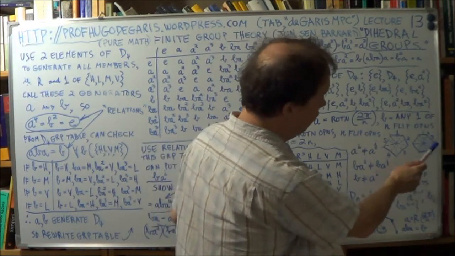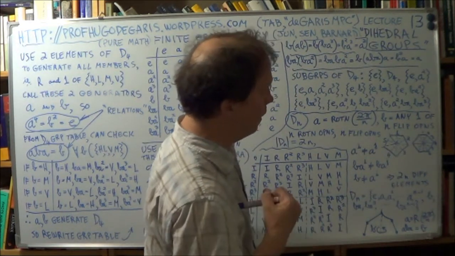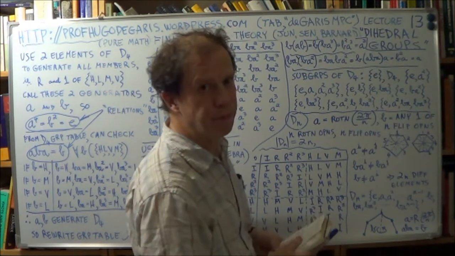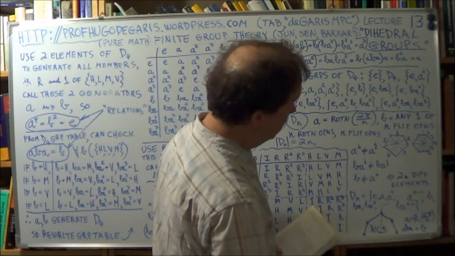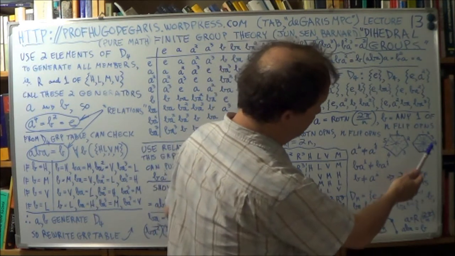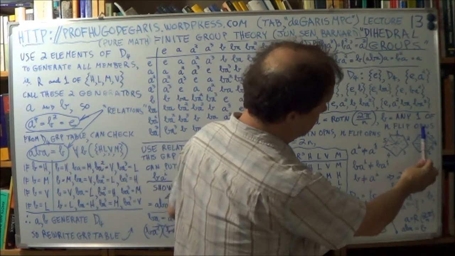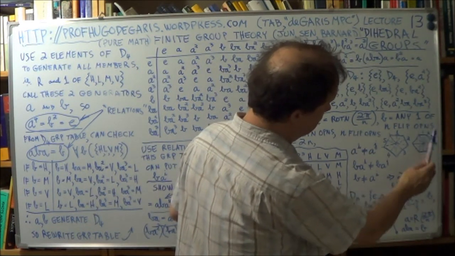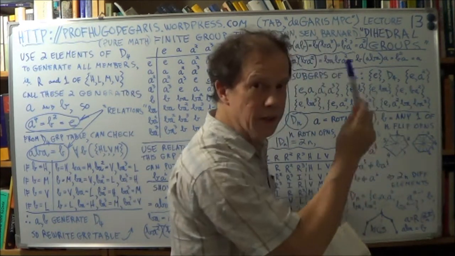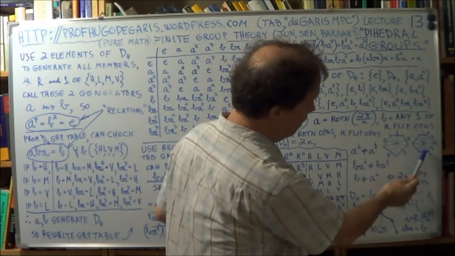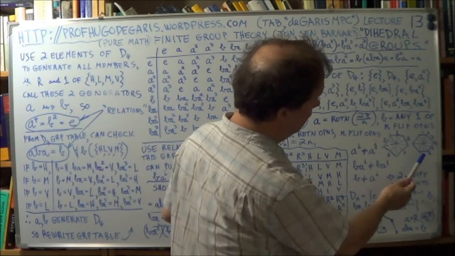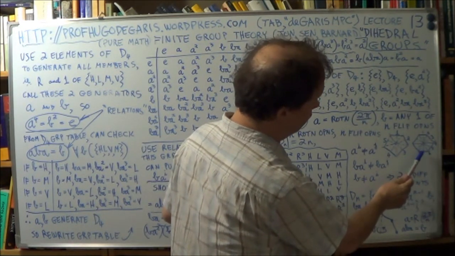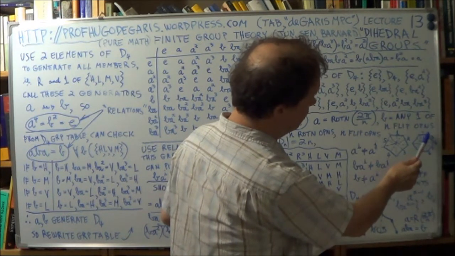Now, how about when you have an even number of sides? What are the flip operations then? Well, when you have an even number, one axis would be from midpoint to opposite midpoint. Another possibility is to go from vertex to opposite vertex.